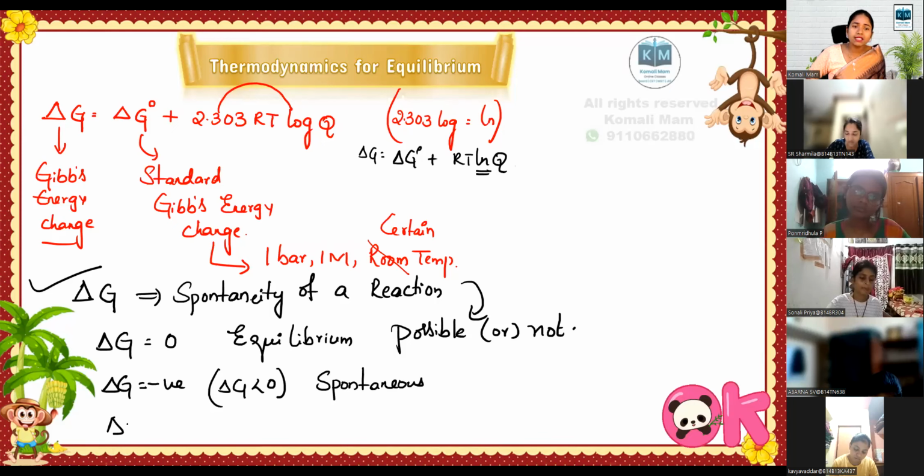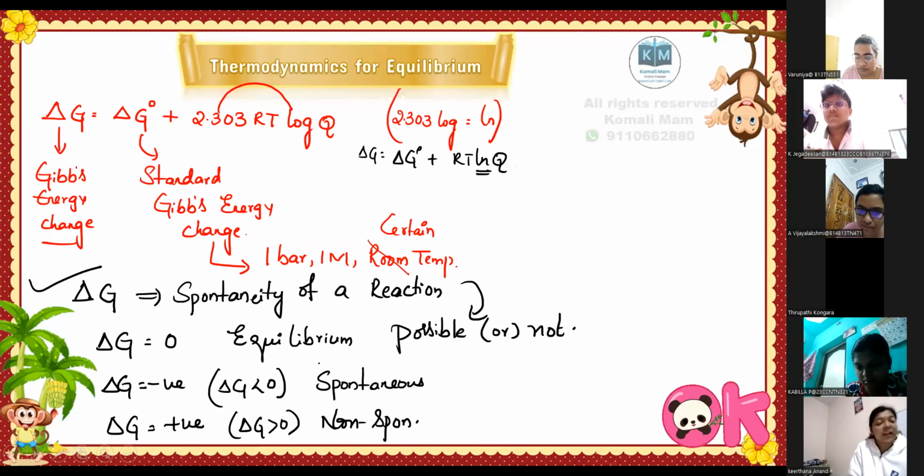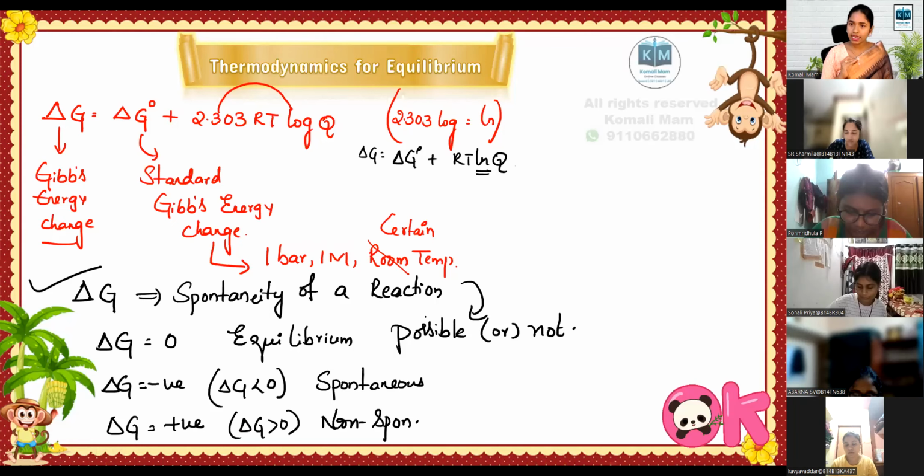If delta G is positive, greater than 0, it is a non-spontaneous reaction. This is what we learned in the second law of thermodynamics. Repeat the conditions: delta G is 0 for equilibrium, negative for spontaneous, positive for non-spontaneous.